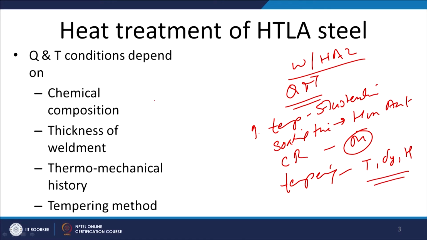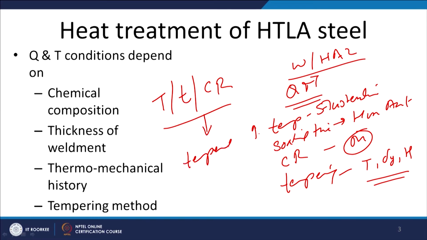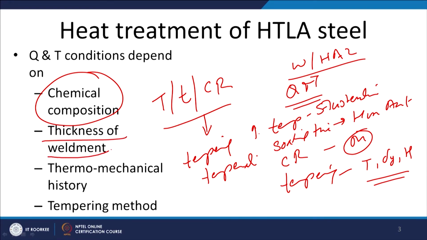So, the temperature, the time and the cooling rate during the quenching treatment, followed by the tempering temperature, these values will depend upon the chemical composition, the thickness of the weldments, the thermomechanical history of the plate which is to be processed, and the method of tempering which is to be used.